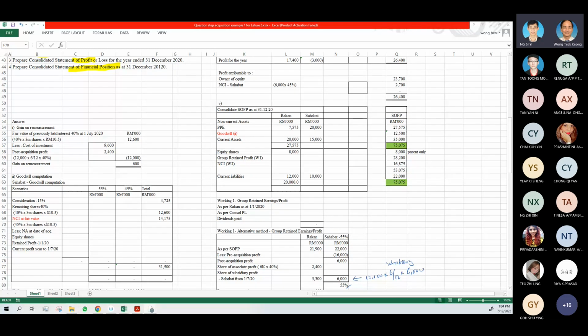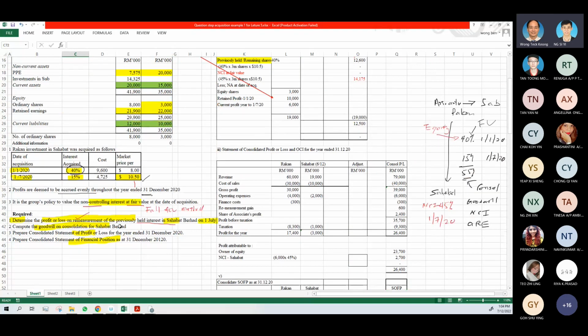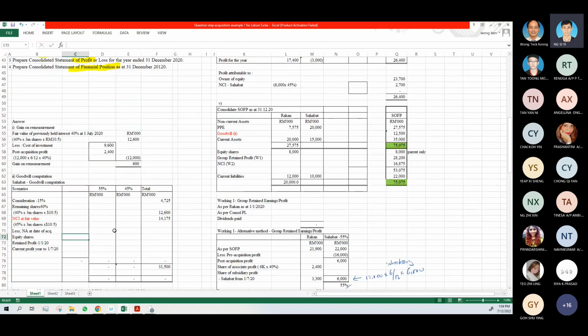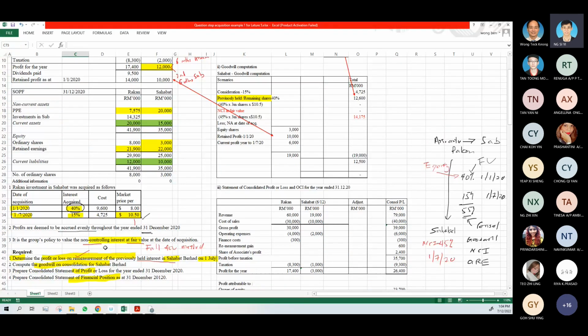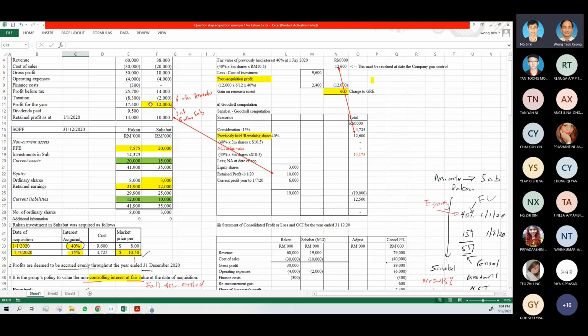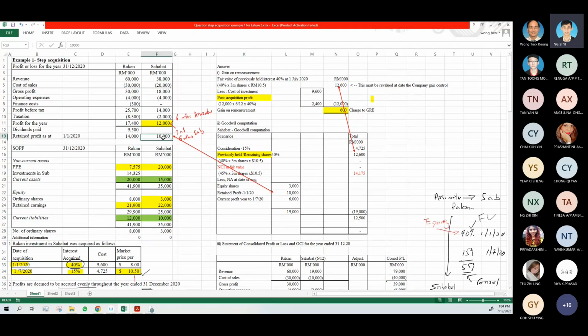Okay. Then let's continue. Then for the net asset at acquisition date. So equity share for the subsidiary, 3 million. So your profit must be computed up to 1st July. So 1st January profits. So you have 12,000 here. Retained profit 1st January 10,000. So then here 6 months you get 6,000.